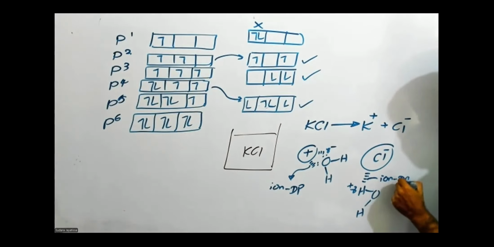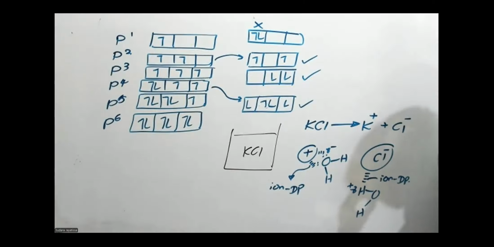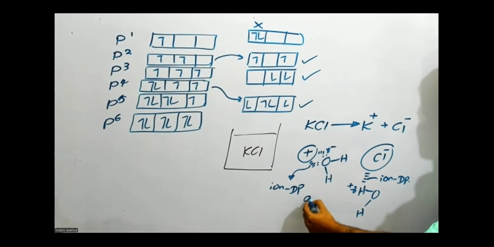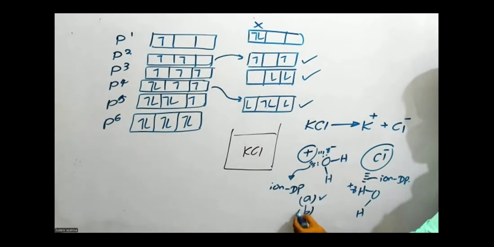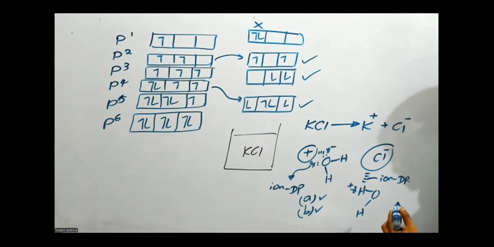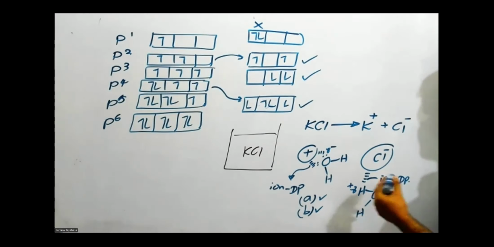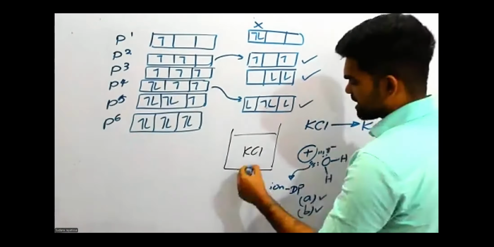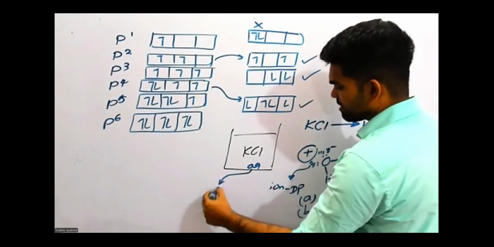So these 2 answers are there in our answers, right? In answer A, it is telling ion dipole interactions between K and water. That's correct. And answer B, ion dipole interactions between Cl and water, is also correct. So A and B are correct. Most students might miss the question if they didn't remember part D. Part D is telling the attraction forces that exist among water. Now this is an aqueous solution, so that means it contains water.